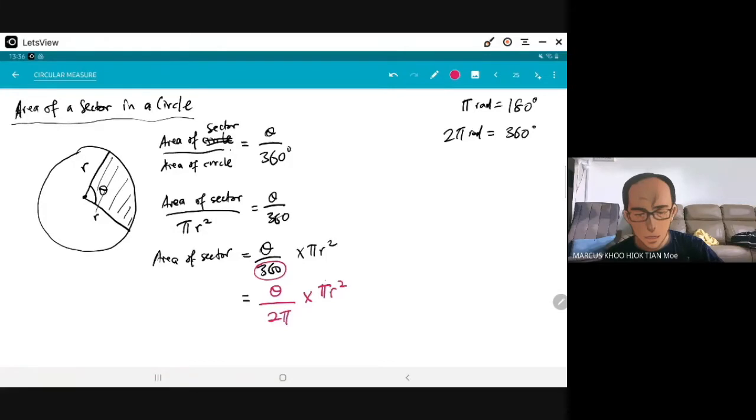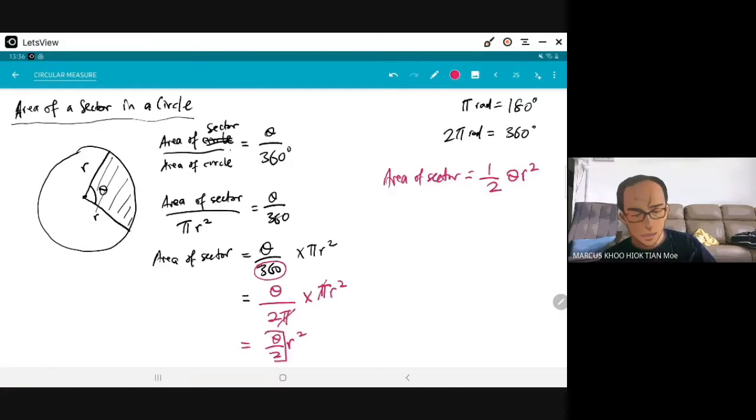I can cancel out the pi and I will get theta over 2 times r squared. Or if I write it back in order, the area of sector equals to 1 over 2 theta r squared. This theta over 2, I separate it, I make it a half and theta like this.